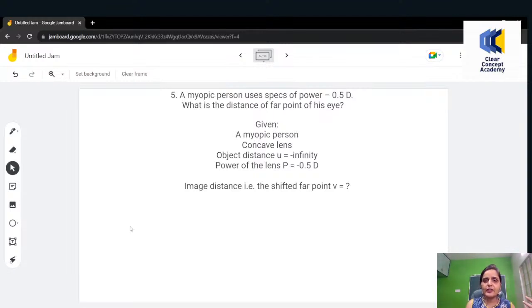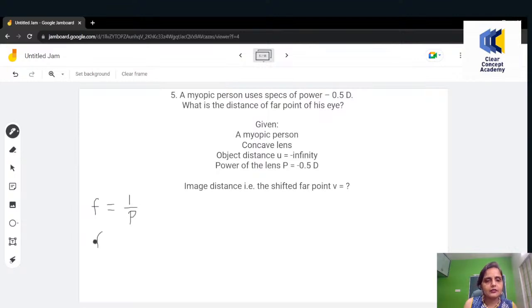So whenever we have object distance and image distance with respect to a lens, you must use the lens formula, which is 1 by v minus 1 by u is equal to 1 by f. But do we have the focal length? No. Has it been provided indirectly? Yes. How? By means of the power of the lens. Since we have the power, we can find the focal length: f is equal to 1 by P.